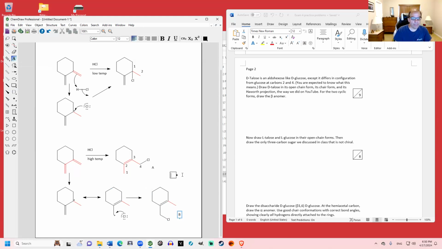A and B are the same compound. It's just drawn from another angle.